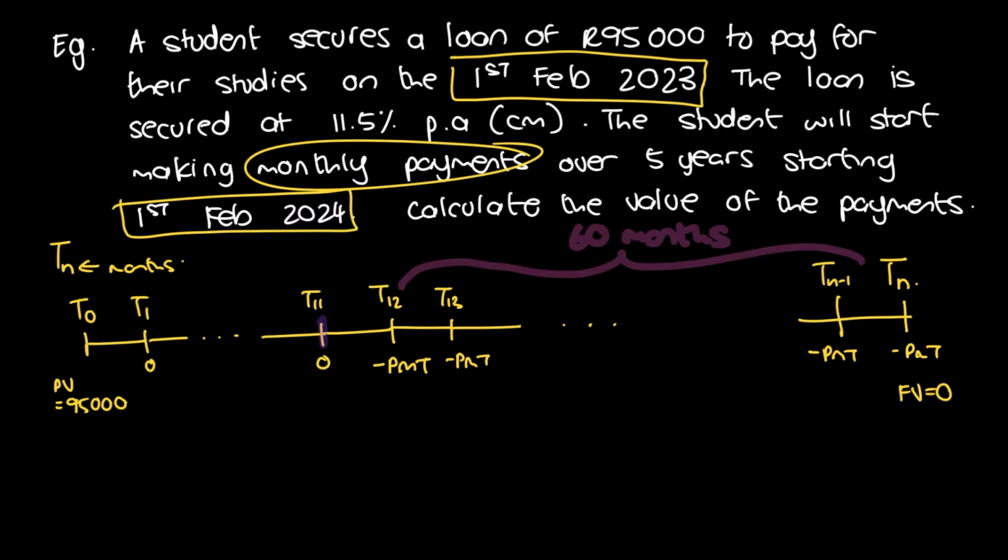So we actually need T11's information for our annuity equation.